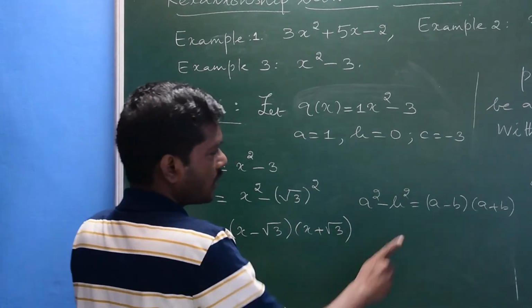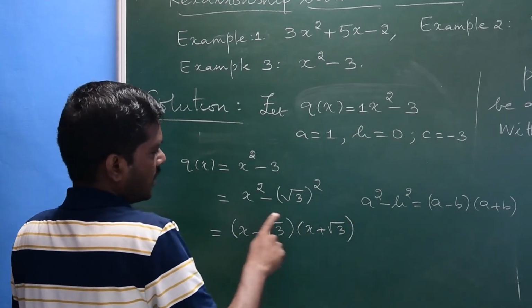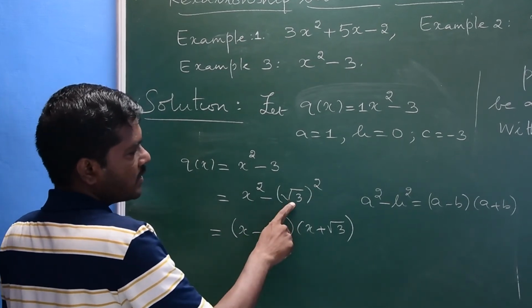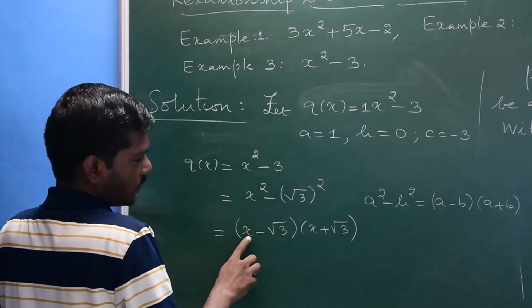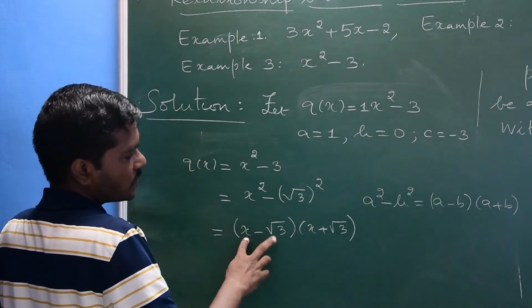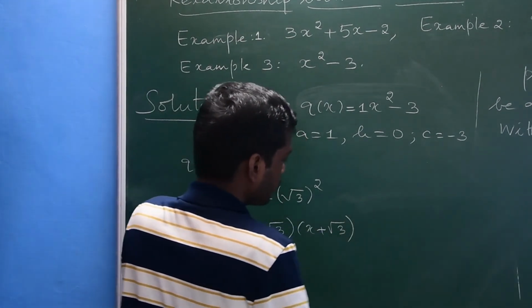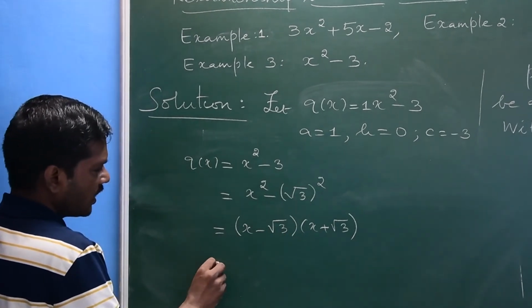Using this identity, a square minus b square, a is x, b is root 3, so x minus root 3 times x plus root 3. Now what are the zeros here?